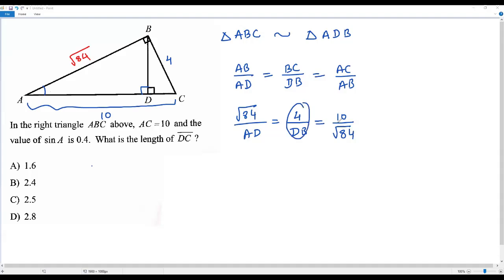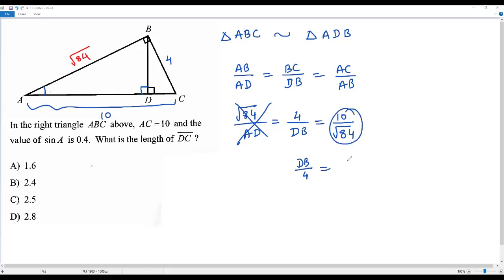Now let me take the second ratio and third ratio so that I'll be able to get the length of DB. Once I get the length of DB, as I said earlier, I can use the Pythagorean theorem in this right triangle to get the length of the line segment DC. Now we can ignore this one. Let's consider these two. I'm going to take the reciprocal on both sides. When you take the reciprocal on both sides, I'm getting DB over 4 on the left side.